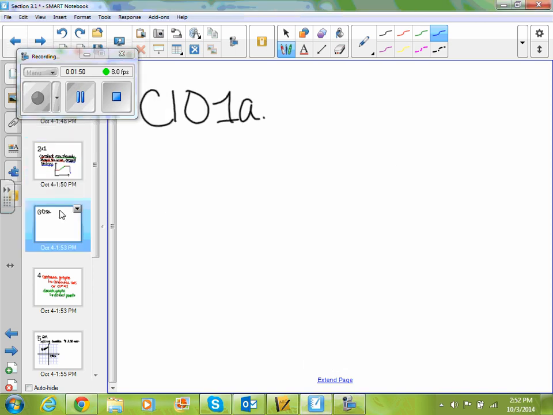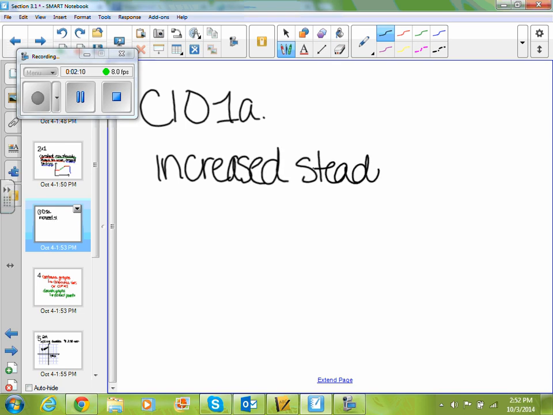Alright, so if I look at check it out 1A, if I look at that word problem, it says the air temperature increased steadily for several hours and then remained constant. Okay? Increased steadily. And then it says that it was constant.